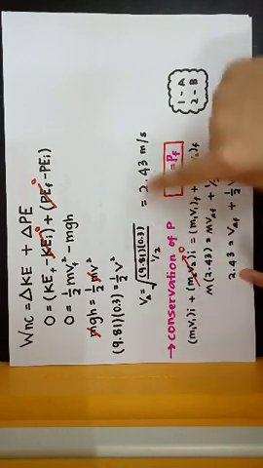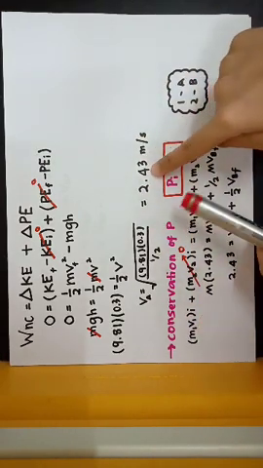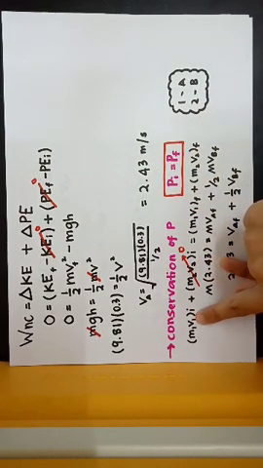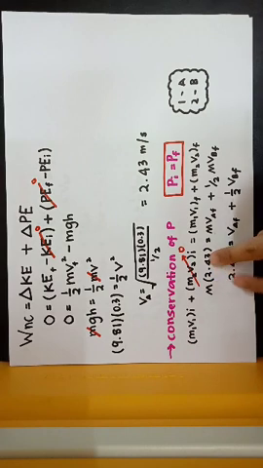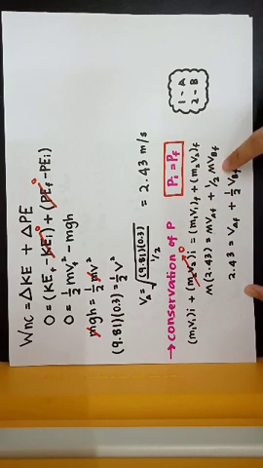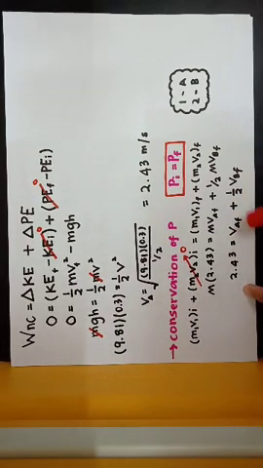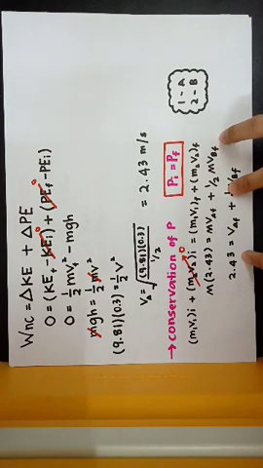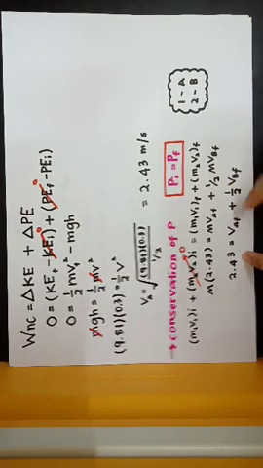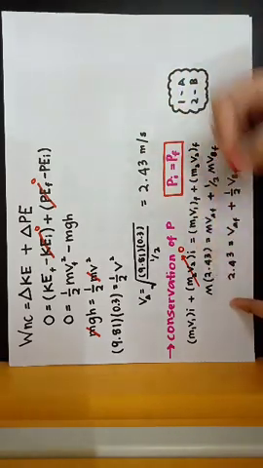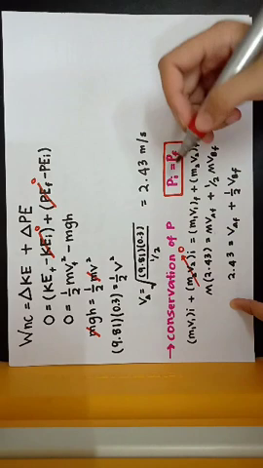We can substitute 2.43, the velocity of block A, into the initial velocity of block 1, which is block A. So m times 2.43 equals m v final of A plus 1/2 m v final of B. Before that, I realized that we can cancel m, because there is no m given in the question.